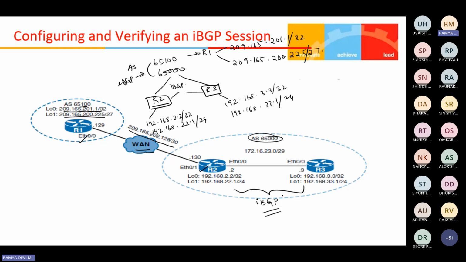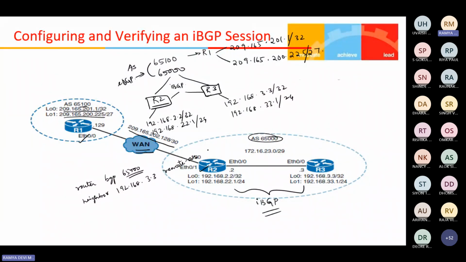So how to configure IBGP on R2? This can be done with the command router bgp 65000, where 65000 is the autonomous system number. On the next line we specify the neighbor, which is 192.168.3.3, remote-as 65000, part of the same autonomous system.